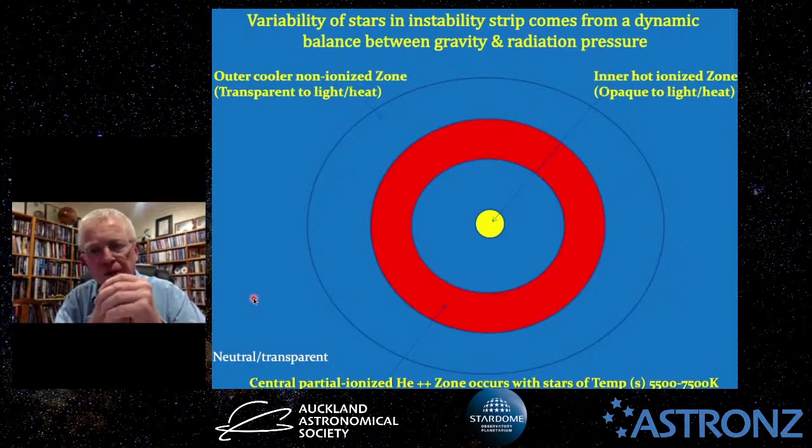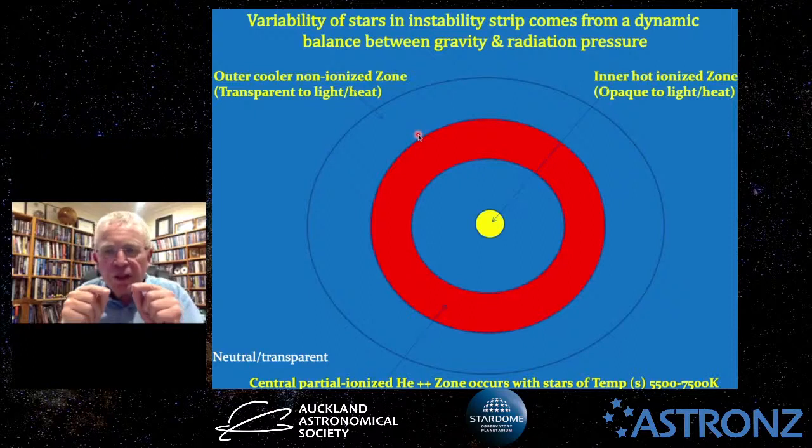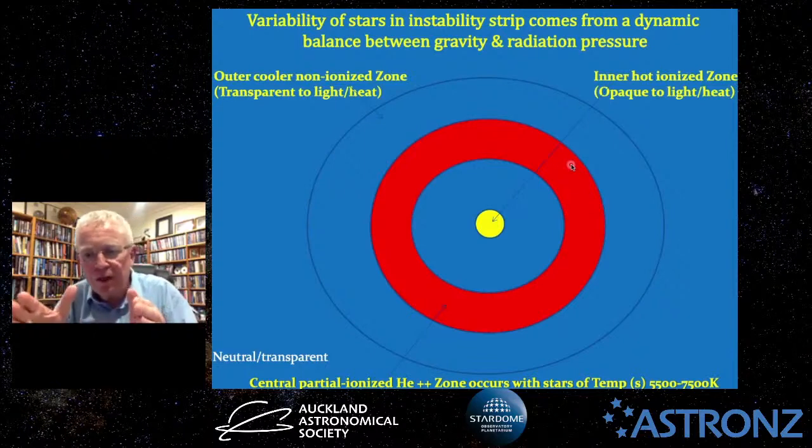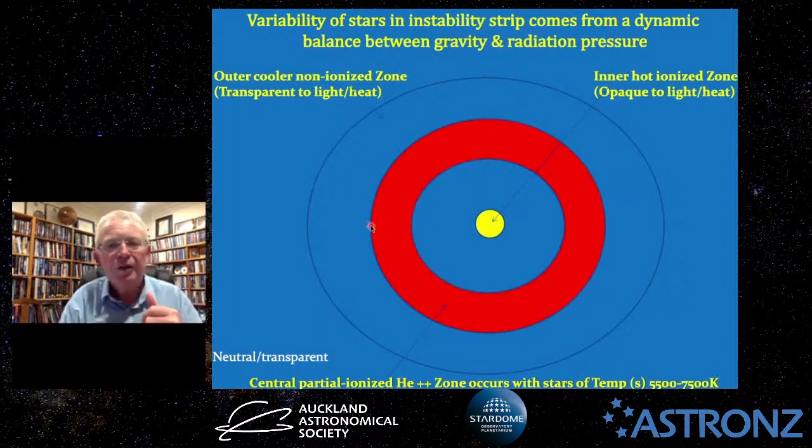The electrons and the positive atomic nuclei have made friends again, so that tends to be transparent. Now, in these giants and supergiants, with a surface temperature of 5,500 Kelvin out to about 7,500 Kelvin, that's their sweet zone. They have a sweet spot in the middle called a partially ionized helium zone. It lets a little bit of light through, but it's also partially opaque.